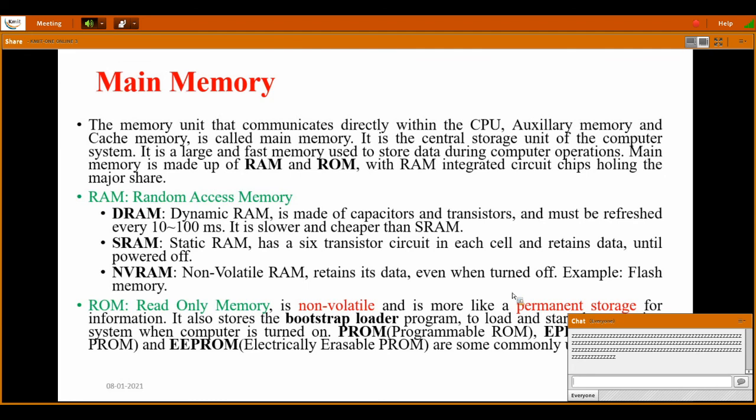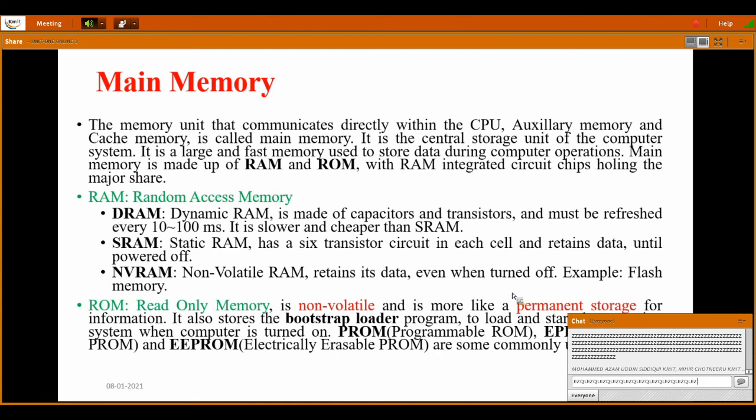Here main memory is the central storage unit in a computer system. It is relatively large and faster memory used to store data during the computer operations.